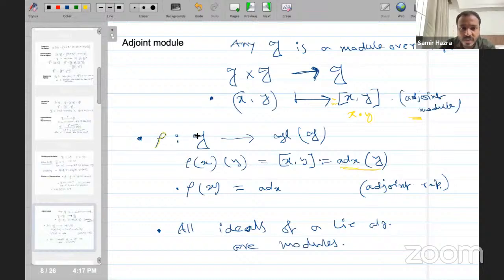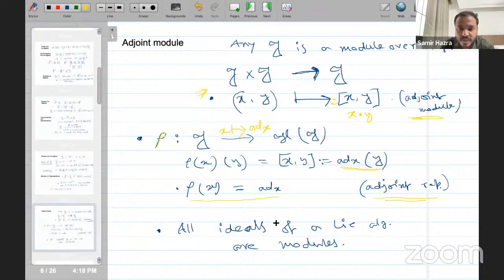So rho as a map takes x to ad x. Then this map gives the representation map, which is equivalent to this module structure. So ad x is called the adjoint map, and this representation given by rho(x) equal to ad x is called the adjoint representation. So it is the adjoint module in the case of modules, and the adjoint representation in the case of representations.